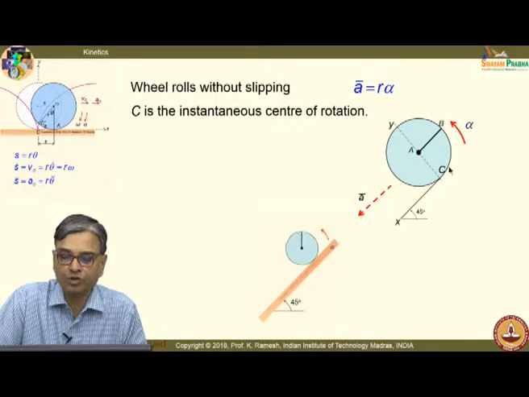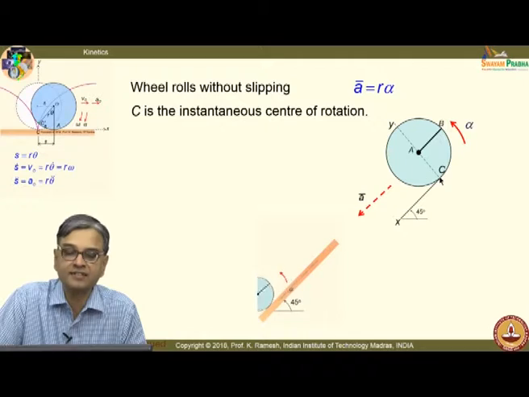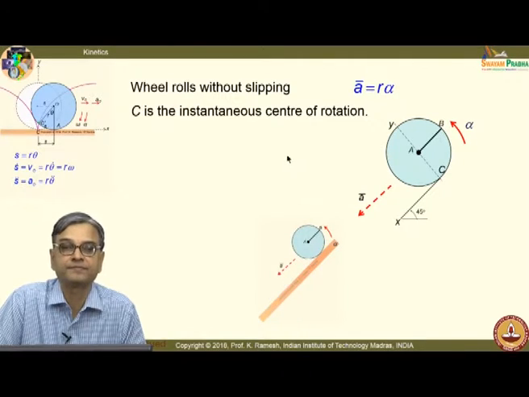And here you know from the physics of the problem that C is the instantaneous center of rotation. So, I can apply the center of rotation as the point for me to do all the computations and make my life fairly simple.